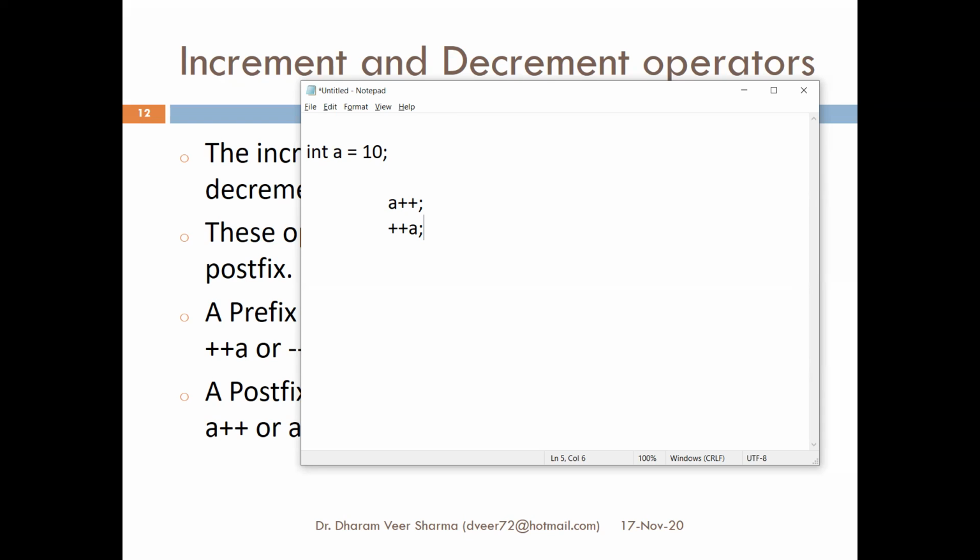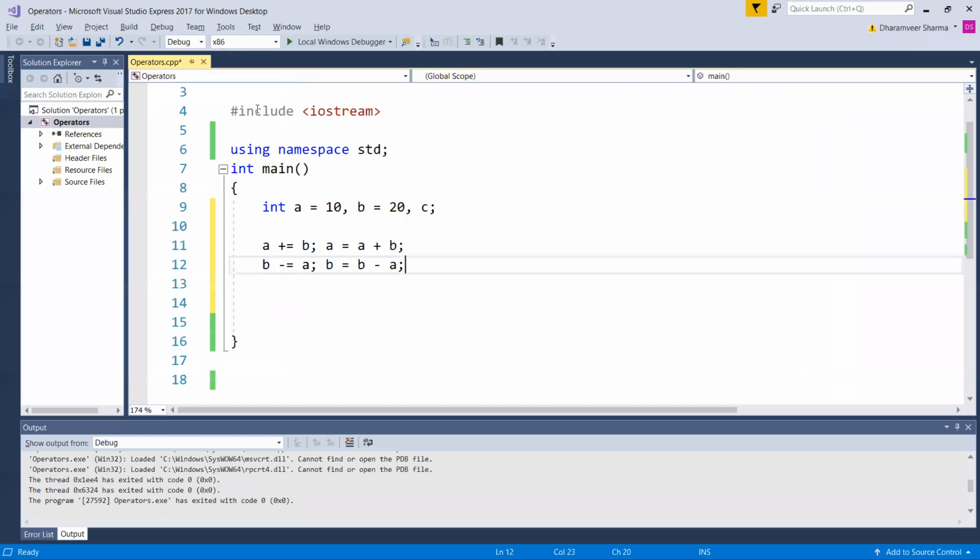What's the difference? Post increment. एक पोस्ट इंक्रीमेंट है और एक प्री इंक्रीमेंट है. This is what you want to say? Yes, sir. हाँ, ठीक है. पर आंसर आपका गलत है. Both of these in this particular situation are equal. They are same. I'll explain. Don't get confused. Okay. I'll explain why these are equal.